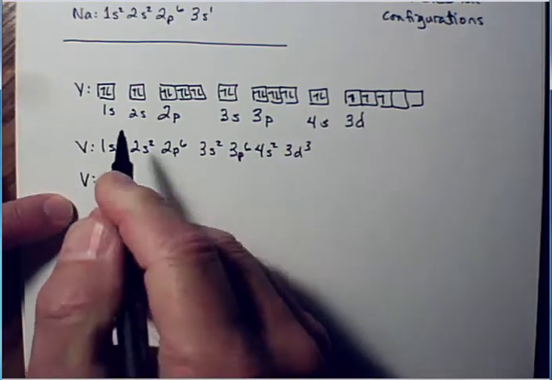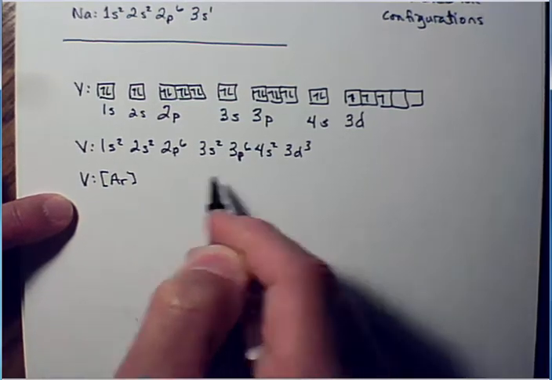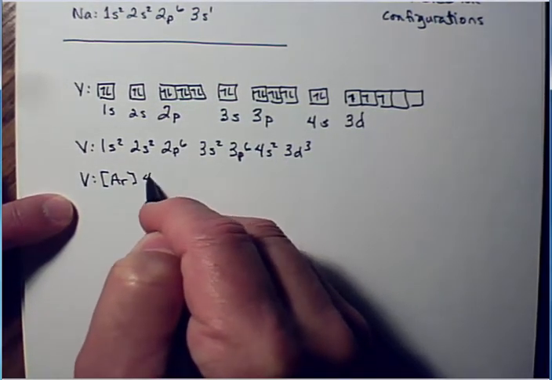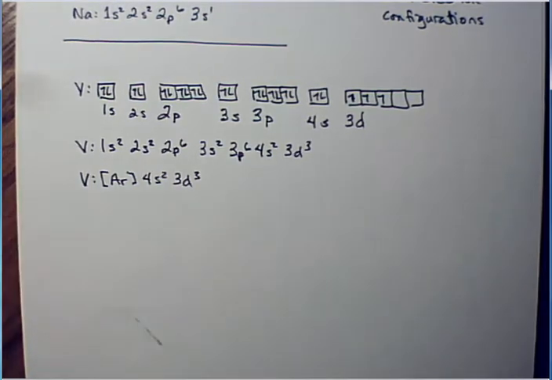So I can replace all of that with the symbol for argon in brackets, and all I have to do is write what's on the end. So that then is the kernel electron configuration, which is also sometimes just called the shorthand version or abbreviated version.